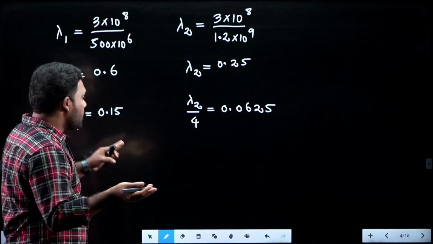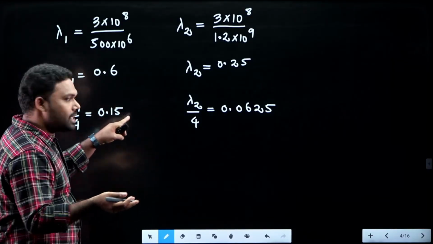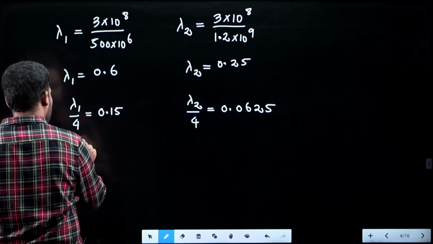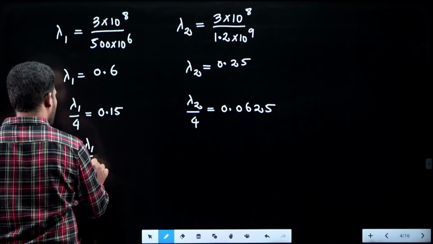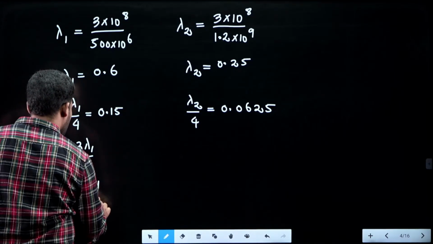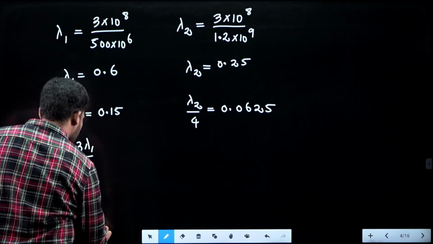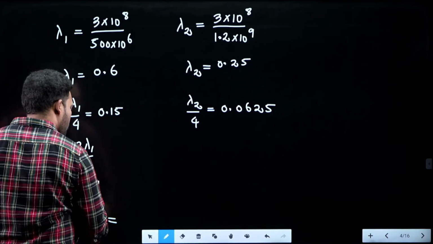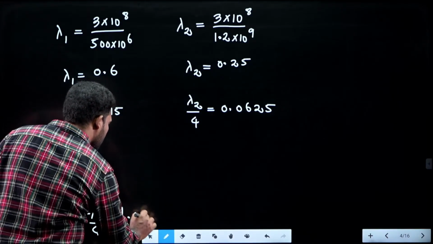But remember, the matching needs to be done at the two frequencies. So for that, you can keep on multiplying this one with 3 lambda 1 by 4, then 5 lambda 1 by 4, 7 lambda 1 by 4. You can check out 7 lambda 1 by 4 will be equal to 1.05.